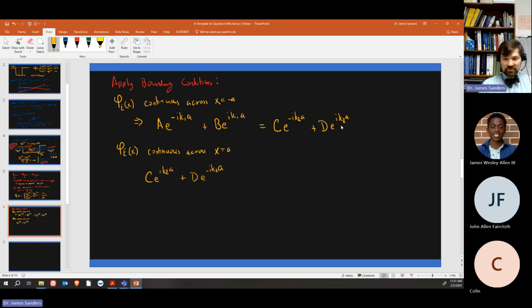These two are k1s, these should be k2s. And that is just equal to f e to the i k1 a, with a k1 again. Those are your boundary conditions for function continuity.